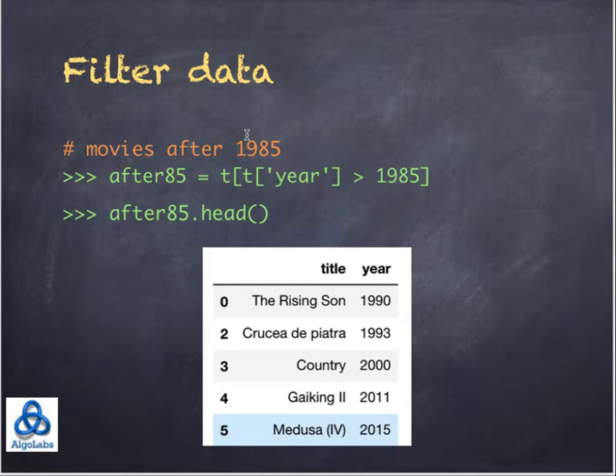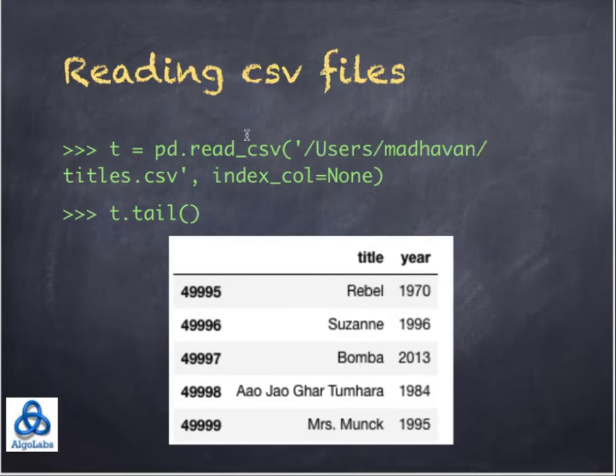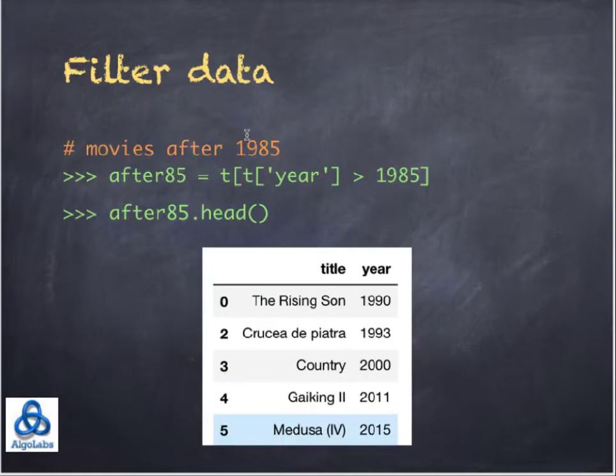Once we have a table in a data frame, we can start filtering it. For instance, if we have the previous table which has movie titles and years, and we want those titles which are after a particular year like 1985, then we can say give me in T the subset of rows in which the column entry for year is greater than 1985.